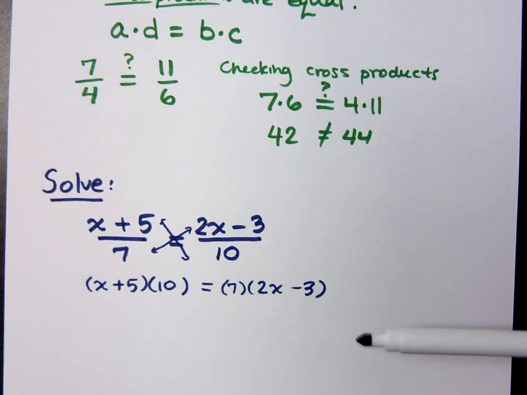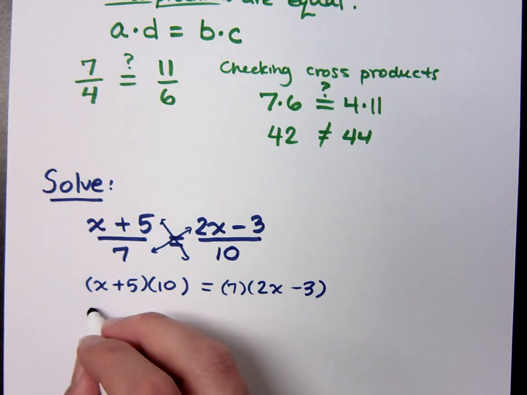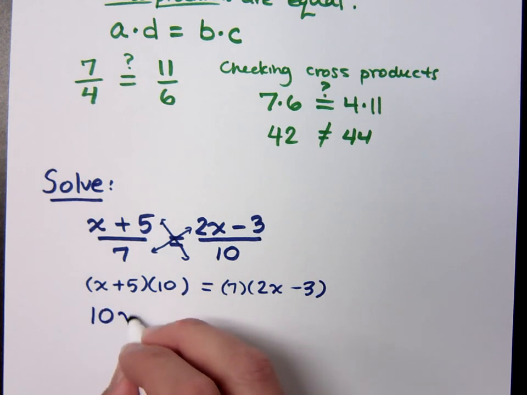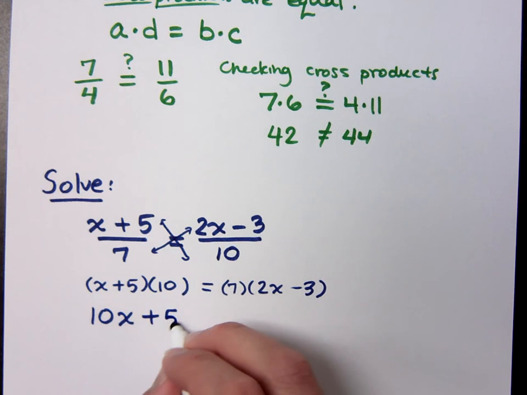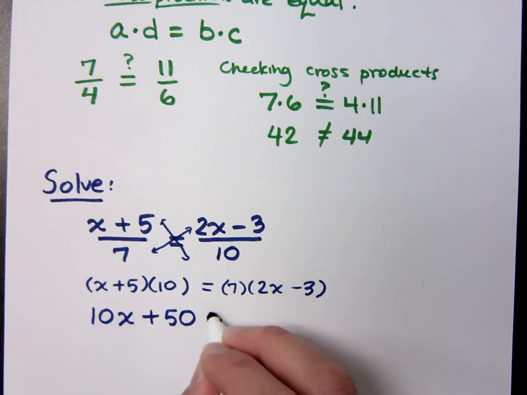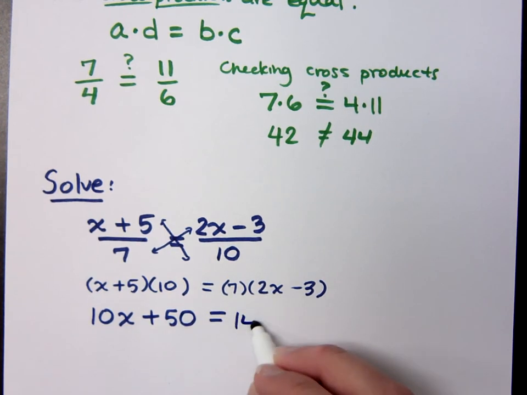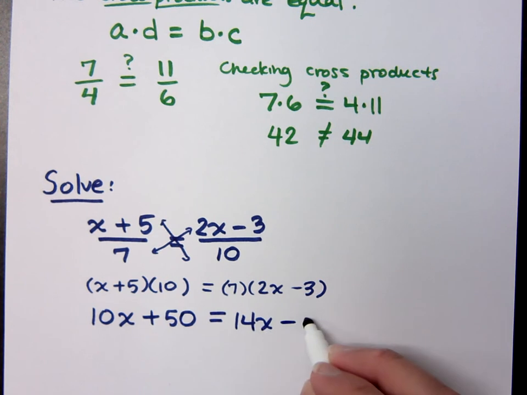Okay, so what am I going to do here with this guy? I distribute. I get 10x plus 50 is equal to 14x minus 21. Now we just solve this, right? How are you going to move things?